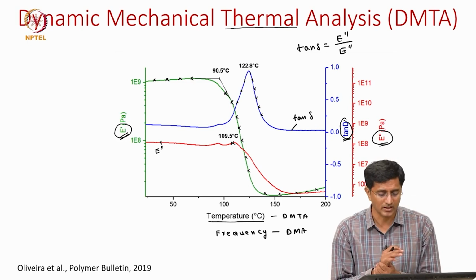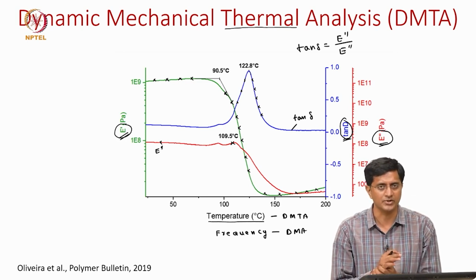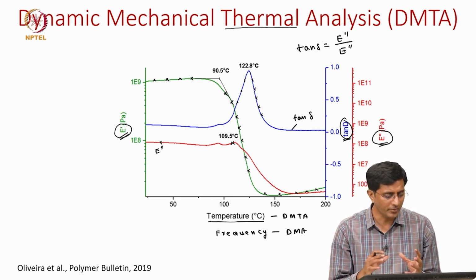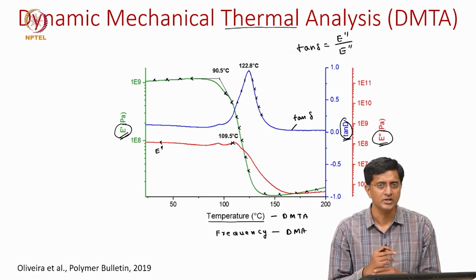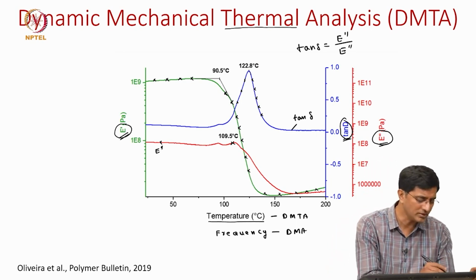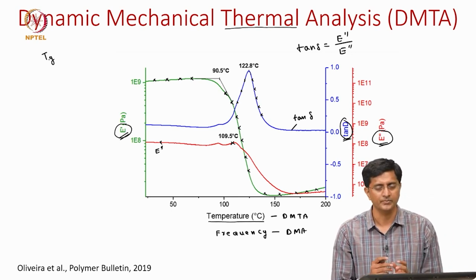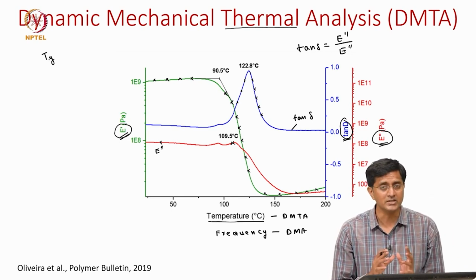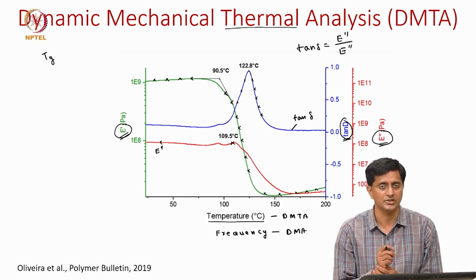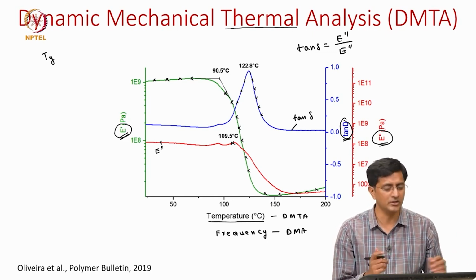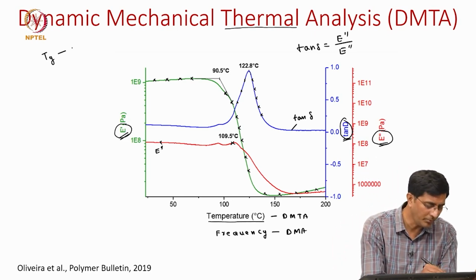Okay. Now, we have seen the trends of the storage and loss modulus as well as tan delta, but now let us come to the interesting observation. The reason why people use this DMTA is also to know the glass transition temperature Tg. There are many ways to determine Tg, but the most common method is to follow the peak of the tan delta curve.